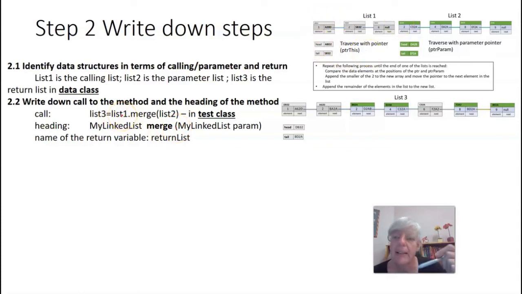But remember, in the class, we do not refer to it as list 1. We actually refer to it as this, because this always refers to the calling object. And what are we returning? We are returning a complete list. And what is the type of that complete list? It is a MyLinkedList.